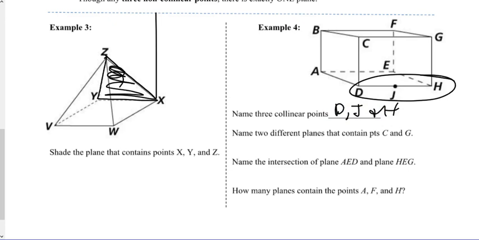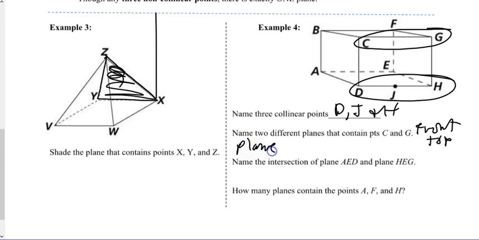Name 2 different planes that contain points C and G. Well, I like to circle those points, okay, and think about it as a box, all right? So CG is on the front of the box and the top of the box. Now, even though C is on the left side, G is on the right side, they're not on the same plane there. So there's only 2 planes, the front and top. So if you want to, write down words like that that make sense, and then fill them in with the letters.